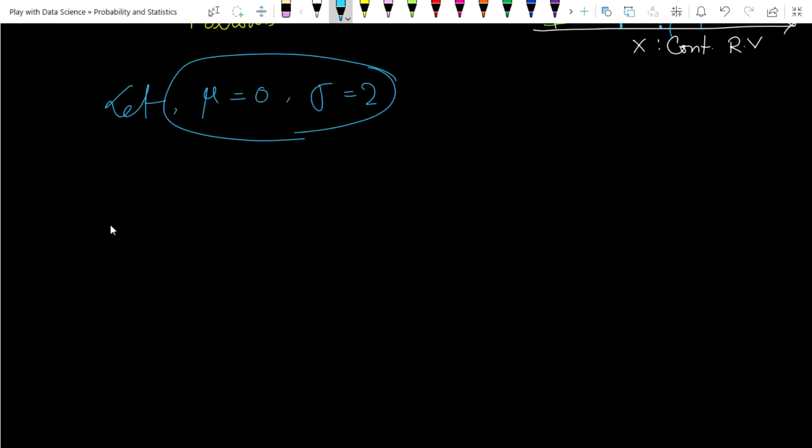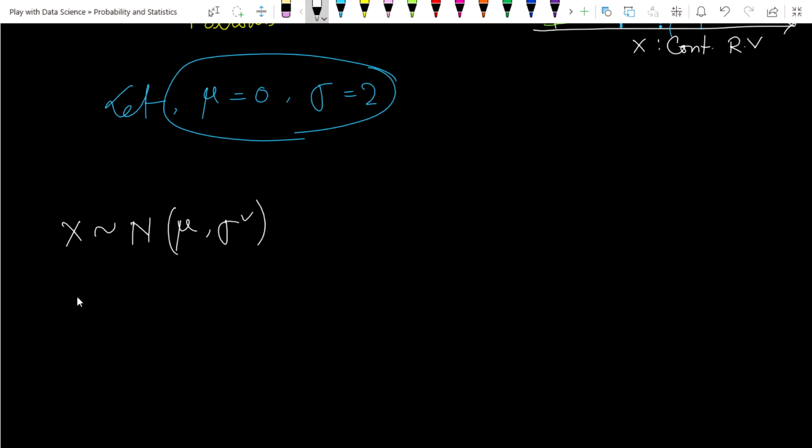So suppose x is our random variable that follows the normal distribution with mean mu and variance sigma square.